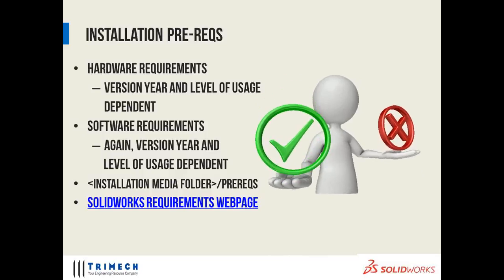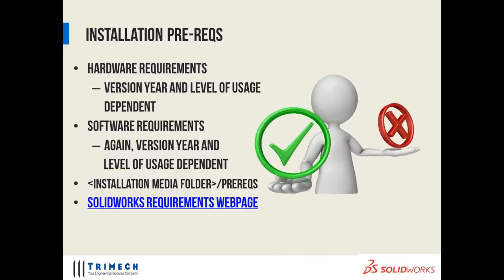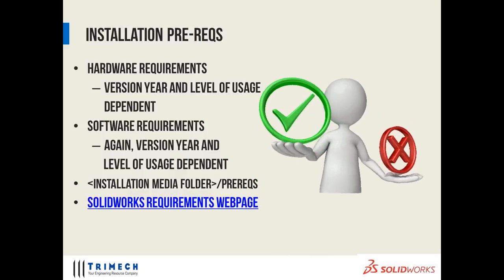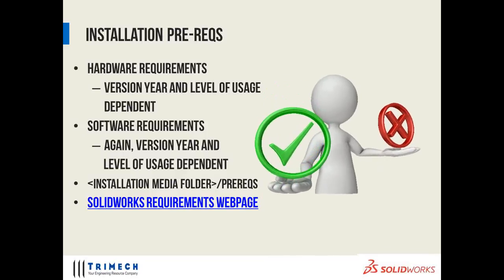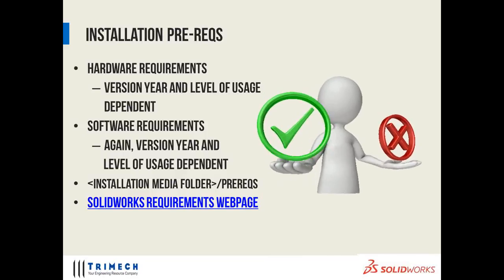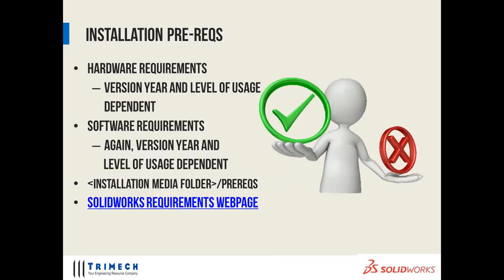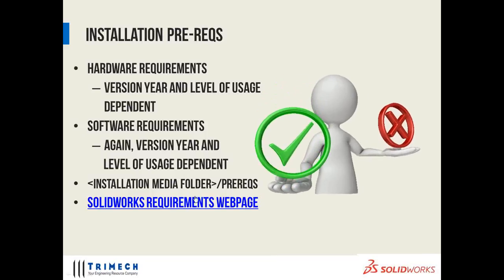So hardware and software requirements are version year and level of usage dependent, but there's also kind of baseline minimum requirements. Those requirements can be found at the SolidWorks webpage.